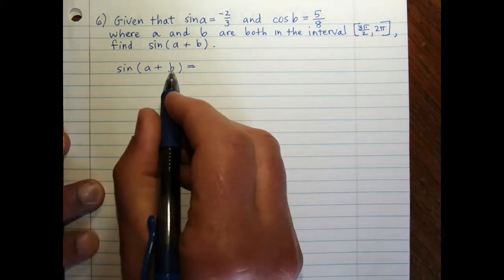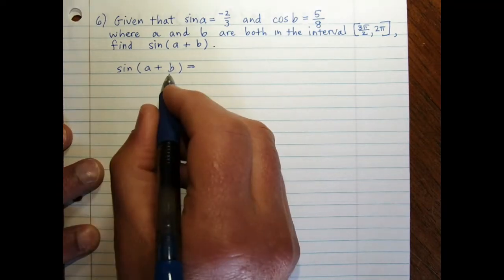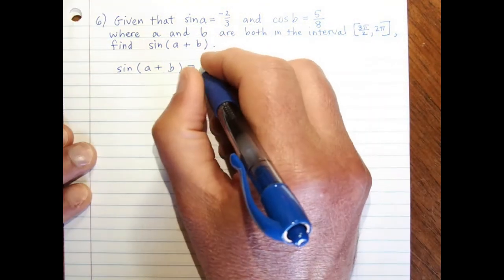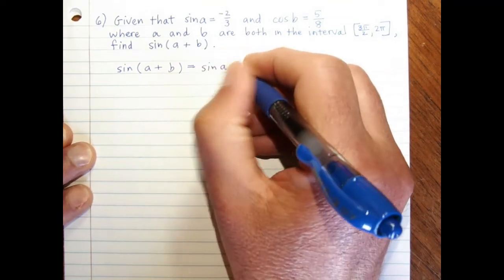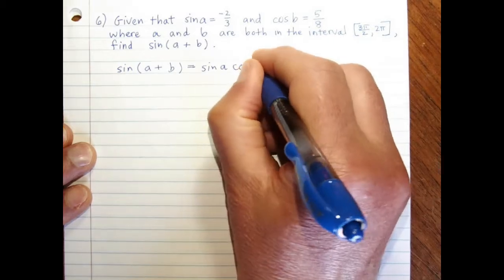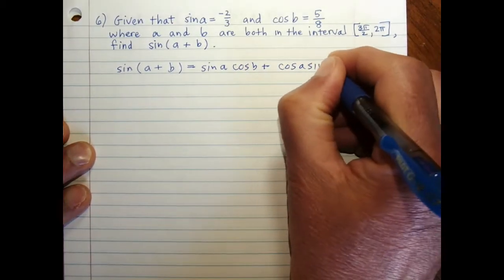I'm going to use A and B instead of alpha and beta. So when I copy the identity down from my identity list, it's sine A cosine B plus cosine A sine B.